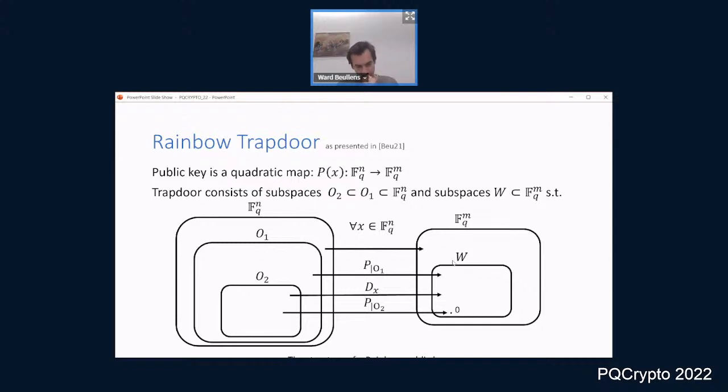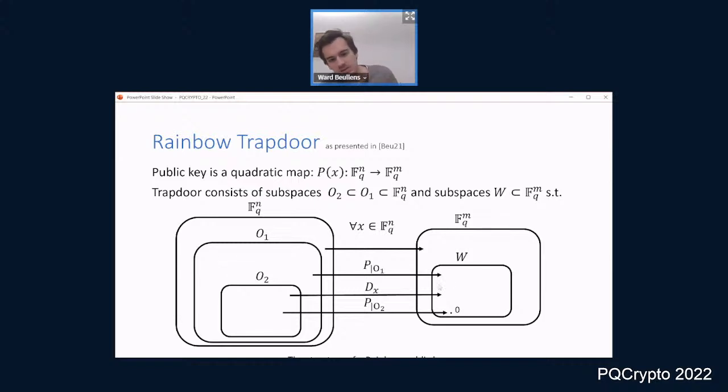You have O2, which is included in O1, which is a little bit bigger, and you also have a secret space in your output space, which we call W. Your public key P is a map that behaves in some nice way on these secret spaces. In particular, P vanishes on the small oil space: for every vector in O2, P of that vector is 0. P sends the O1 space to W.